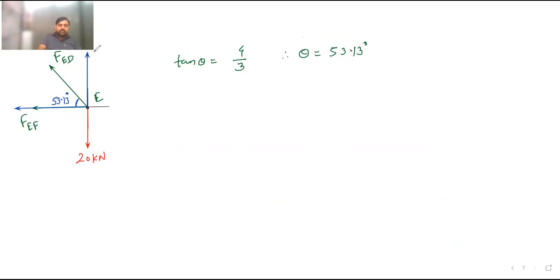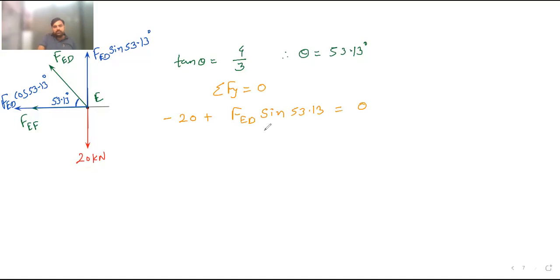Now if I resolve, then it will be FED sine of 53.13 degree, and this is FED cos of 53.13 degree. Now if you apply summation Fy equal to 0, it is minus 20 plus FED sine of 53.13 is equal to 0.